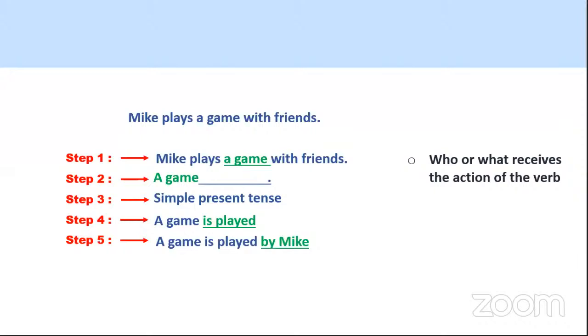A game is played by Mike with friends. You have to add the last part or the rest of the sentence at the end, or else you can write it like this. A game is played with friends by Mike.